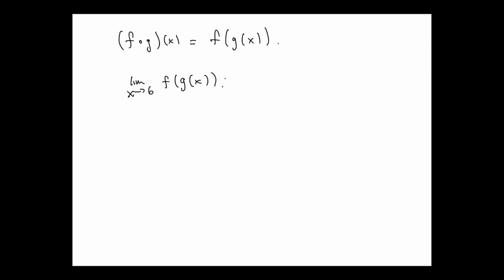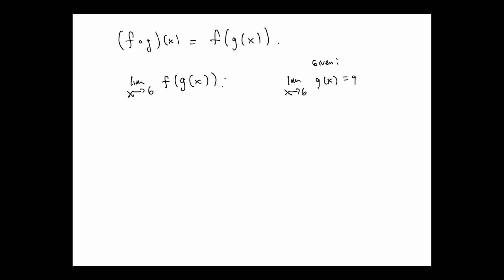Okay, so what I'm going to do is I'm going to say, all right, what's going on with g of x? If x is approaching 6, then I need to know what the inside function is doing when I get kind of close to 6. What is the limit as x goes to 6 of g? What was that given to be? It was given to be 9.